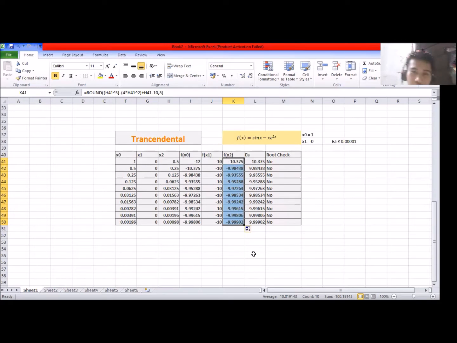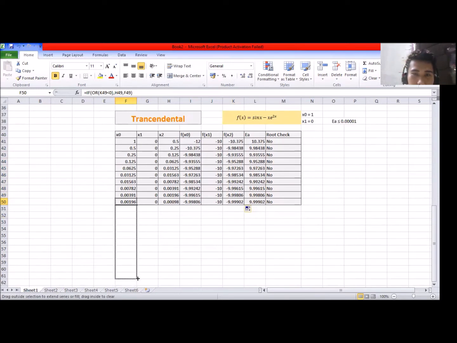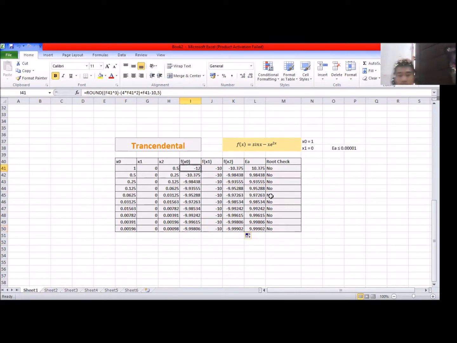Getting another of the initial values. In these functions, I really forgot that we have another type of function.